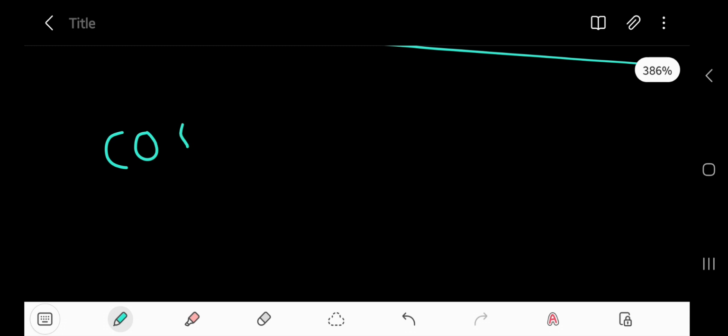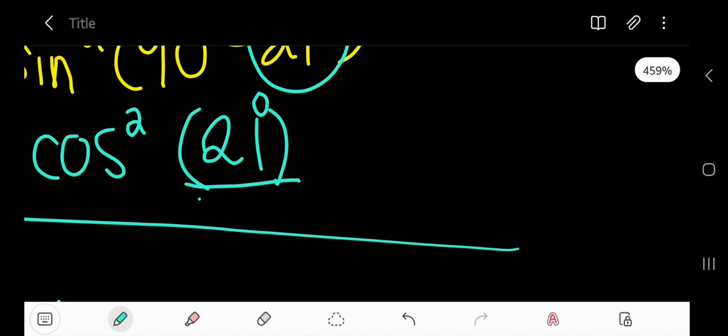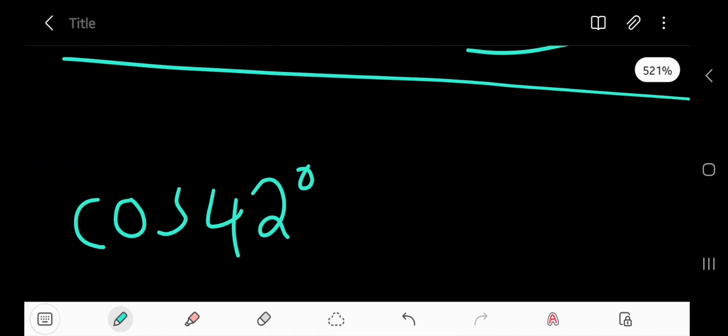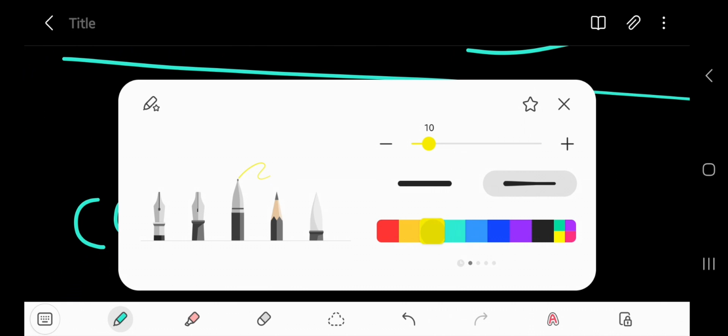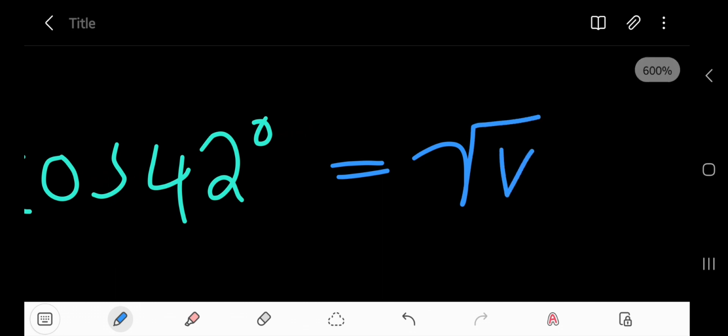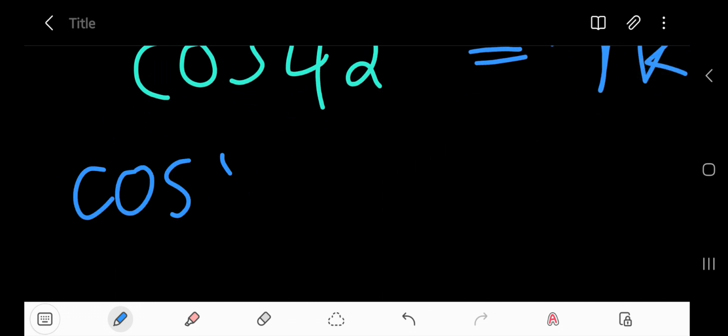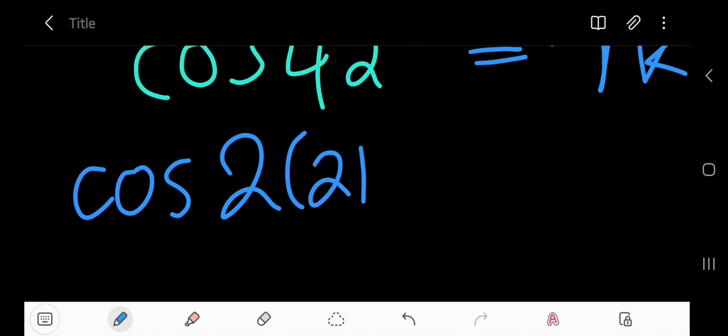We have cos 42 degrees. And remember what we said: we used 21 because 21 is half of 42. So let's try and apply the double angle here. Remember they said it's equal to the root of k. We can rewrite this cos 42 as cos 2 times 21 degrees.